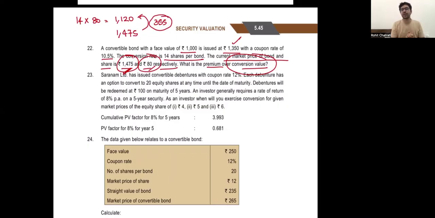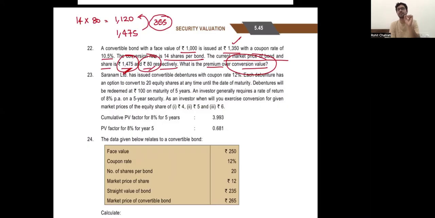The cost is 1120. The other option is you go to the market and buy a convertible bond, and for buying a convertible bond you pay 1475, and then if you convert it into equity shares you end up with the same 14 equity shares, but under this option you paid 1475 for getting 14 equity shares.